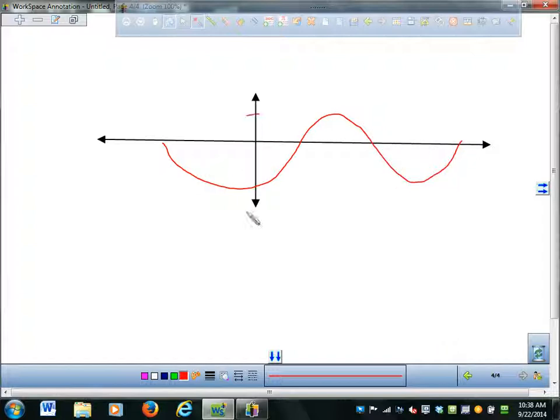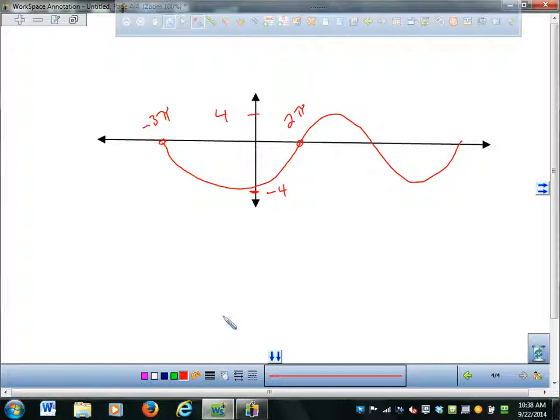But say that this goes from negative 4 to 4. And even though it doesn't look like this, let's say that this is centered. And this is negative 3 pi, and this would be 2 pi over here.